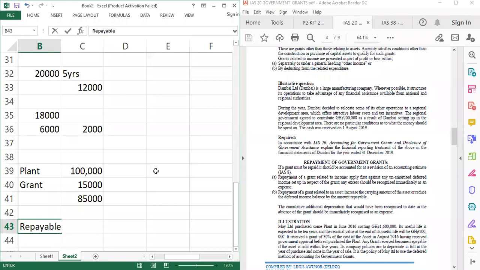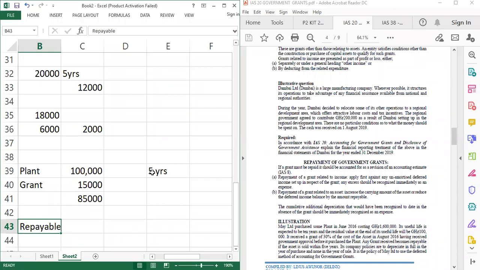The useful life of the asset is 5 years. So we are using the netting method. Assuming in the second year, we have recognized the grant for 2 years already. Assuming at the beginning of the third year, we are not able to comply with the conditions of the grant again, and the grant becomes repayable.